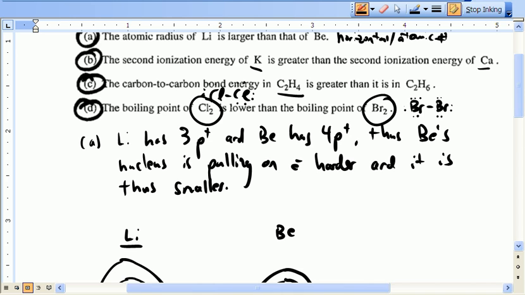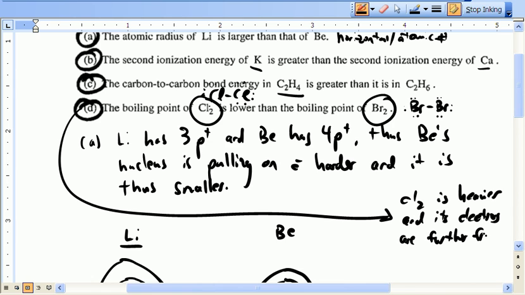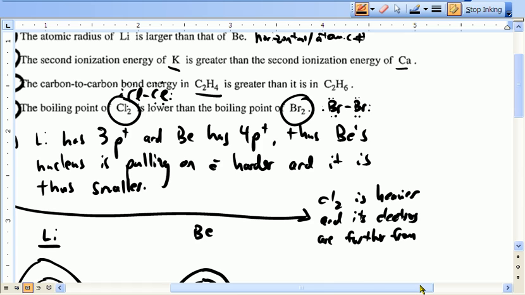And if you look at the molar mass of bromine, it's a greater value than the molar mass of chlorine. So I'm going to go over here and do this. Br2 is heavier, and its electrons are further from the nucleus.